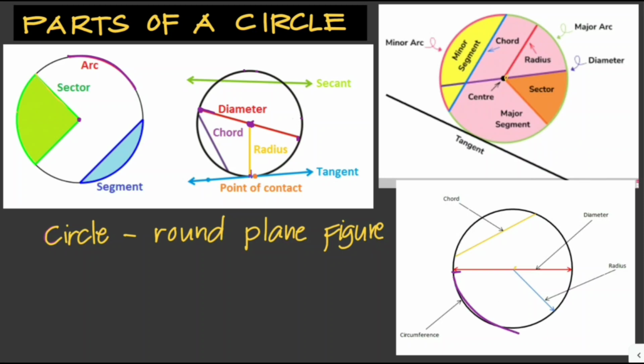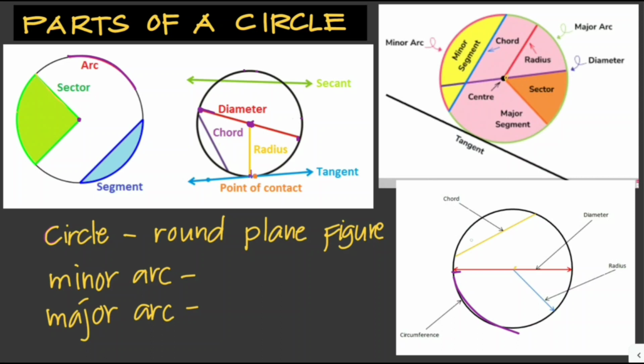So we have the minor arc and the major arc. The major arc is greater than half the circumference, while the minor arc is less than half the circumference. Half the circumference is just 180 degrees.